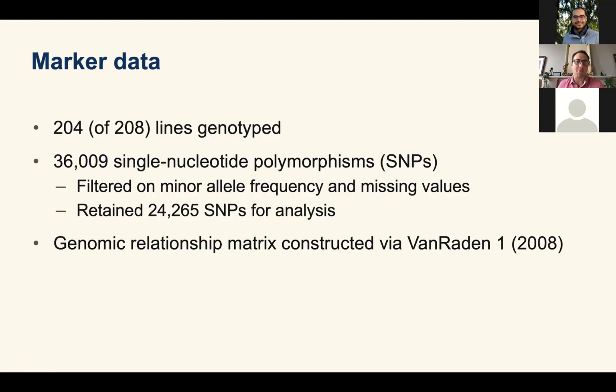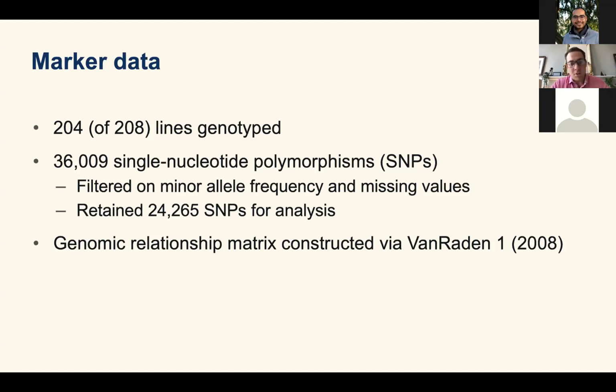And then to wrap things up in terms of genomic selection, we've got the marker data on 204 of the lines. We have 36,000 SNPs, and we filter those on minor allele frequency and missing values. So we end up retaining about 24,000 SNPs for the analysis. I can't give all the details away; it will be covered in the paper, but for now it's confidential, like I was mentioning before.